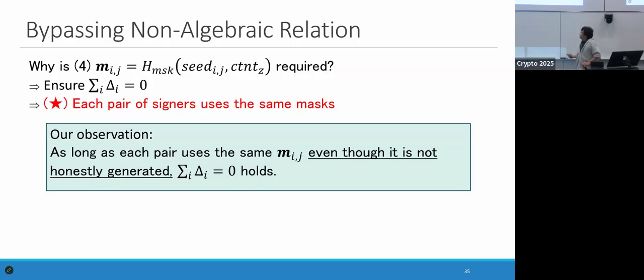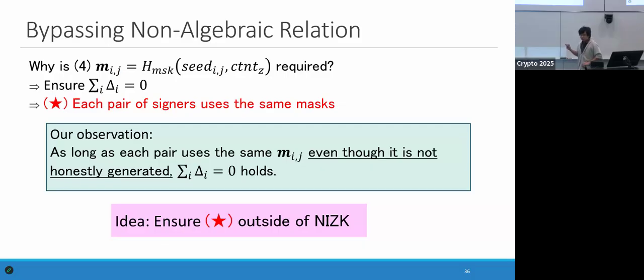The important point of our observation here is that as long as each pair uses the same mask M, even though it is not honestly generated via random walk, the masking terms should be canceled out. This means that we don't need to care whether the vector M is honestly generated from the pairwise seed via random walk. So our idea is to ensure this star condition outside of the NISC.